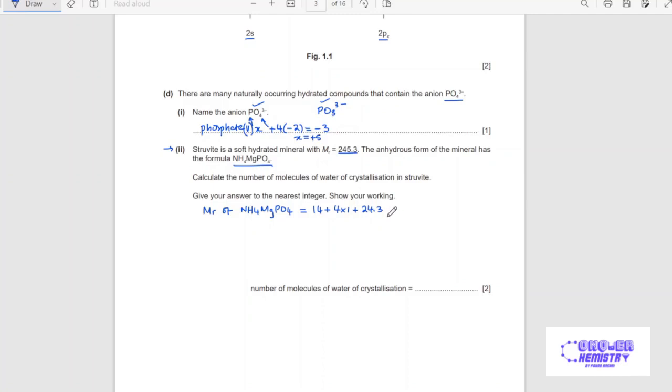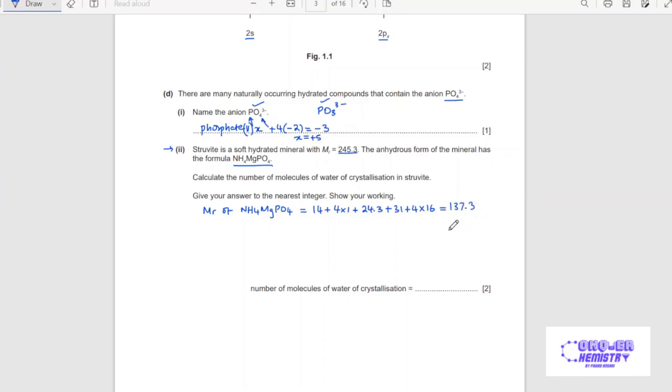I have enough practice as a teacher, so I remember these values, but you can search them up from the periodic table. Now phosphorus is 31 plus 4 times 16 for the oxygen. Now, the answer to this turns out to be 137.3.